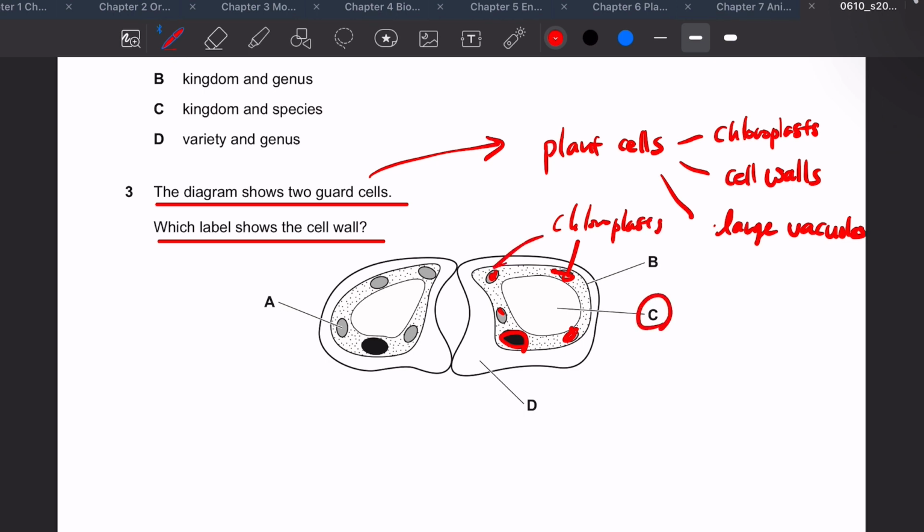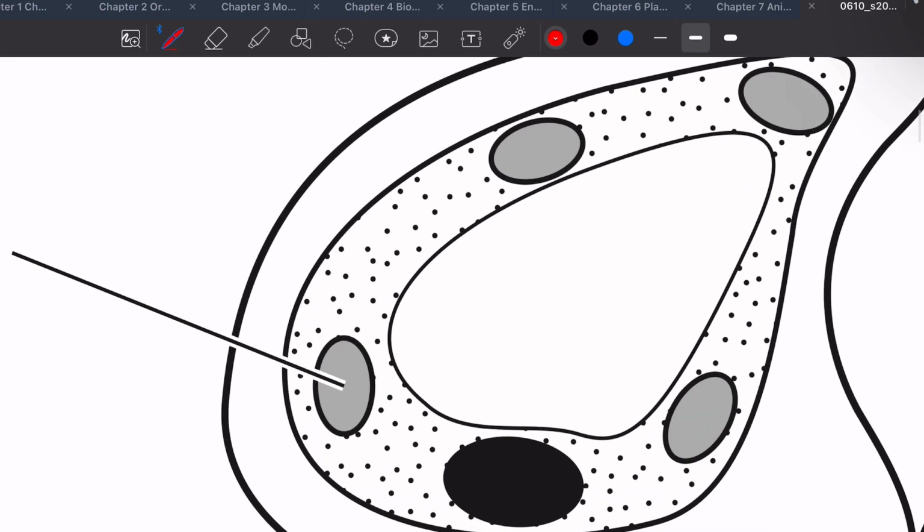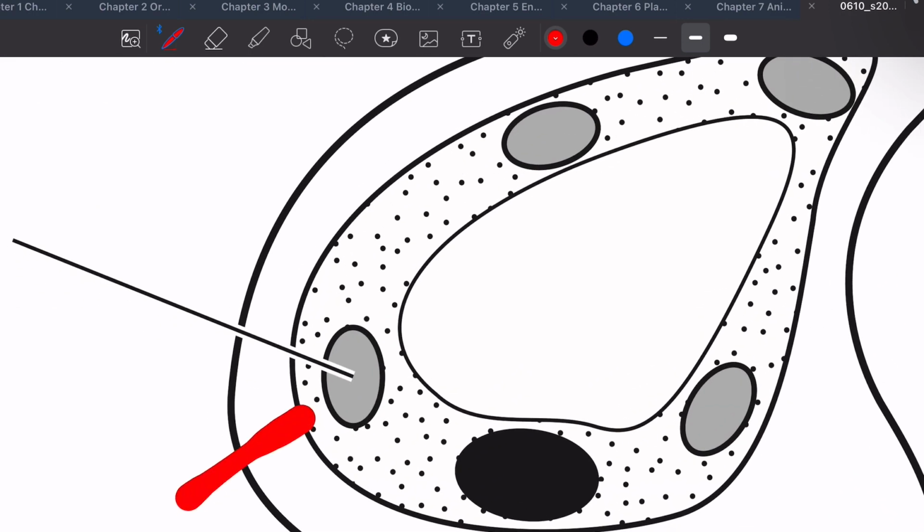C is a large vacuole, and B looks like the cell membrane. And D is, of course, the cell wall. The cell wall is rather thick. It's actually much thicker than the membrane. The membrane is very, very thin.